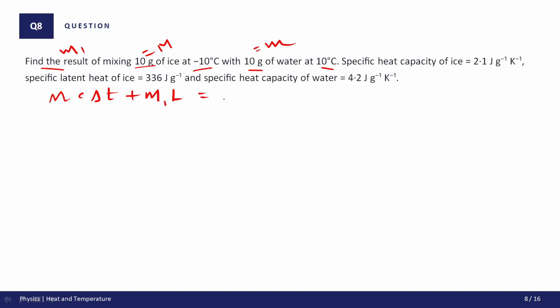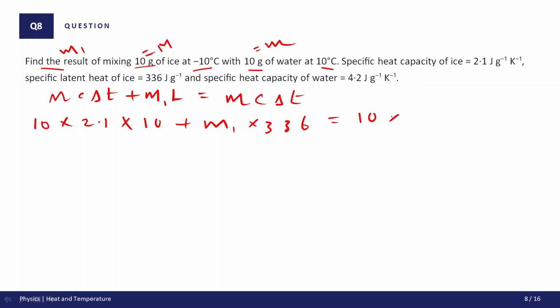So I will write here M C delta T. The ice mass is 10 grams. 10. A specific heat of ice is 2.1. Change of temperature is 10 plus m dash. A latent heat 336 equal to mass of water 10. A specific heat of water 4.2. Change of temperature 10.